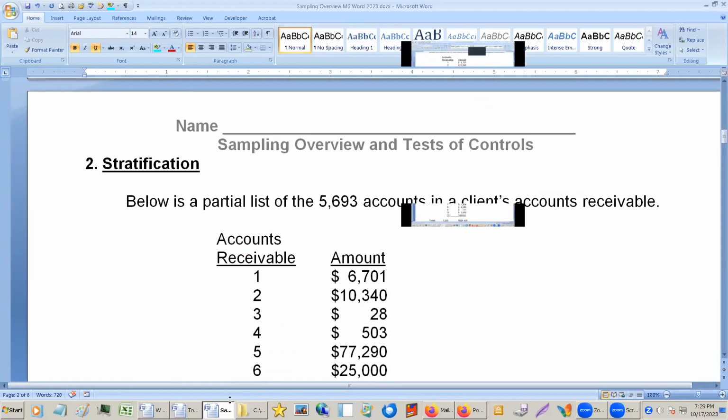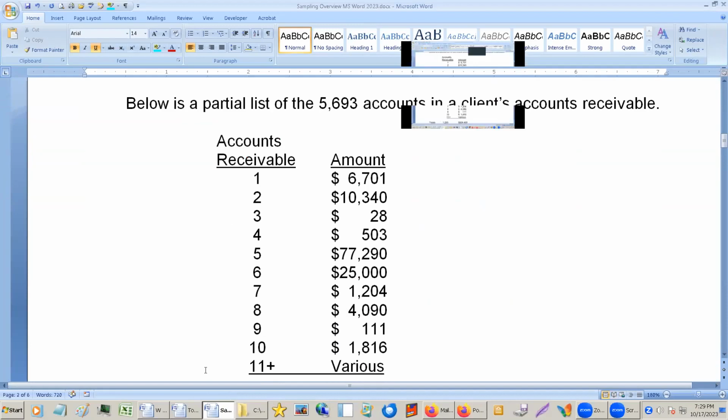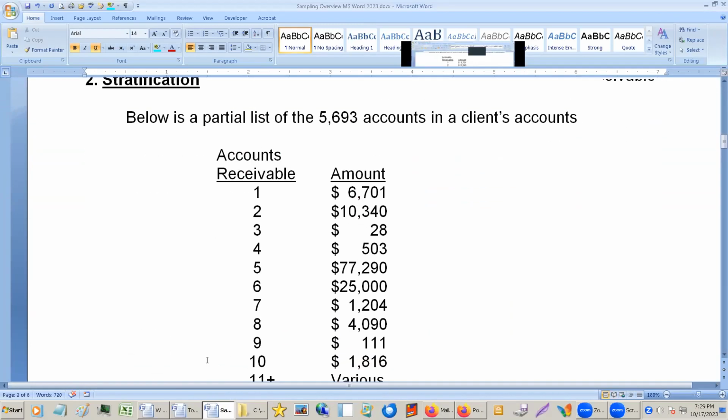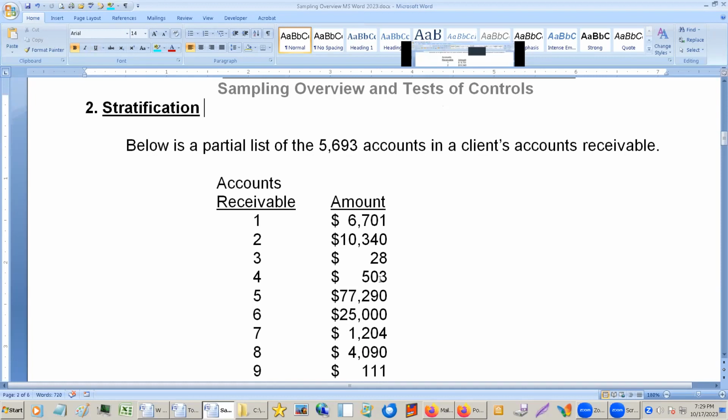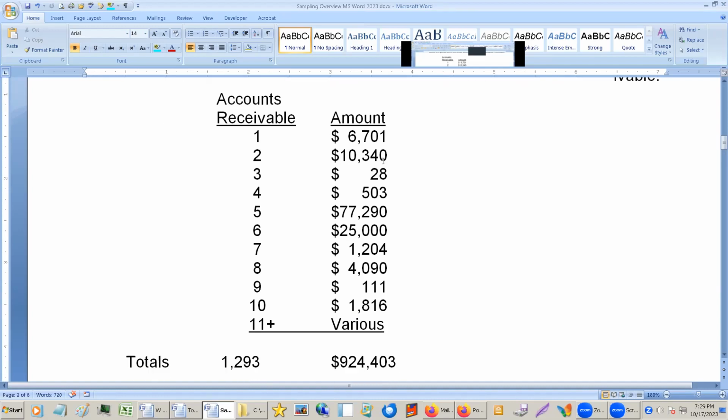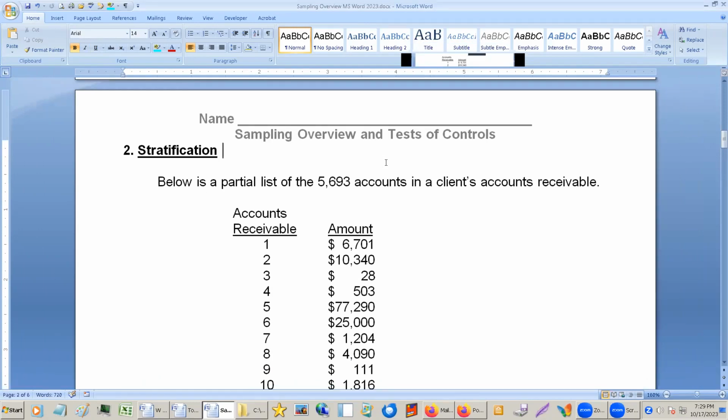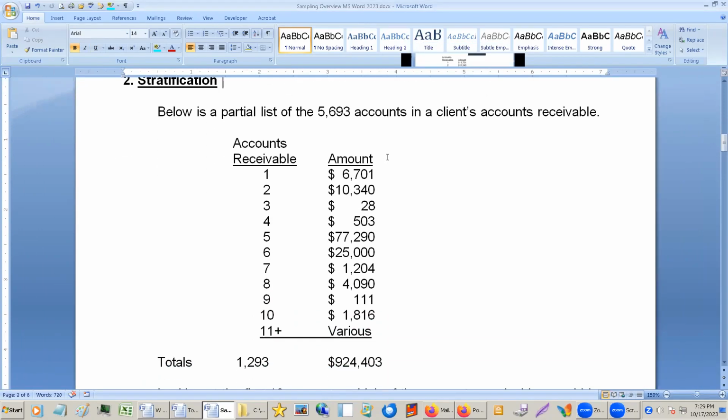Okay, stratification. Stratification comes from the idea that basically all accounts are not equal, and that there are ones that are more interesting than other ones. So we have a partial list of accounts receivable. 10 items here.